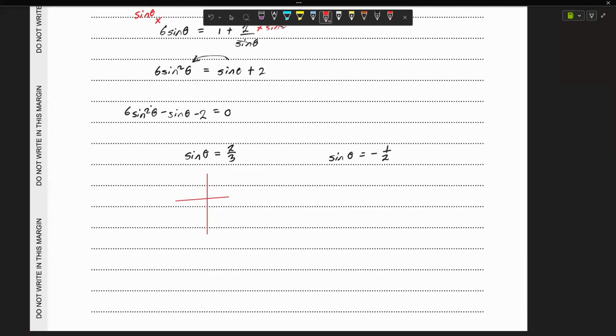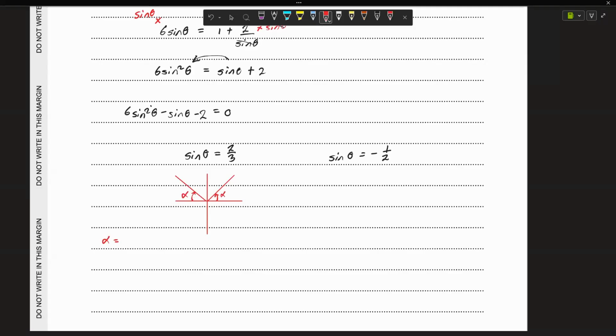Right, now sine theta is equal to 2/3. I'll go to the quadrants here, and we know that sine is positive in this quadrant and also in this quadrant. In each of the quadrants we'll have a value of alpha, which I call the fundamental angle.